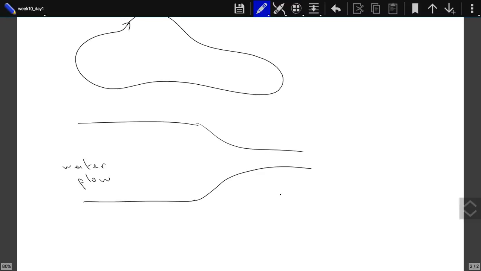And you are pushing it such that the speed of the water is constant over here, and it will be constant over here, but they will be different. So the speed of water changes as it moves along this pipe. Nevertheless, the system is static in the sense that if you look at this point, the velocity of the water at this point is always the same.